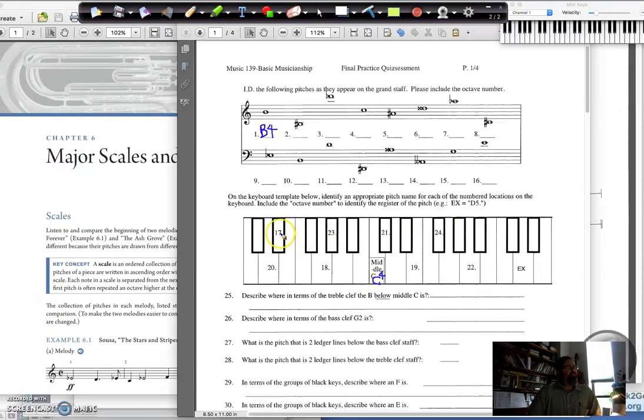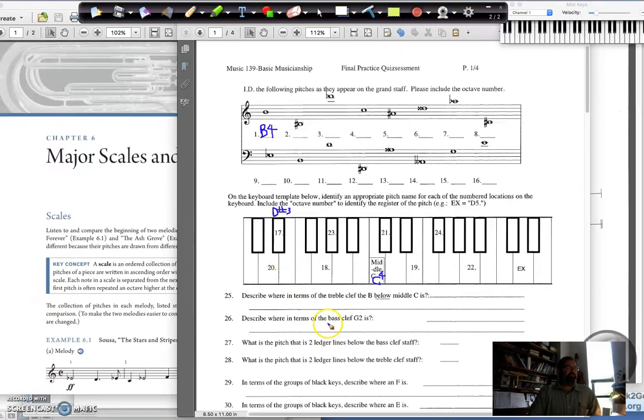And so number 17 is the black key between D and E. So you could think of it perhaps as D sharp, and know that it could just as easily be E flat, and that it is in the third octave. So you label it just like that, somewhere near the key.